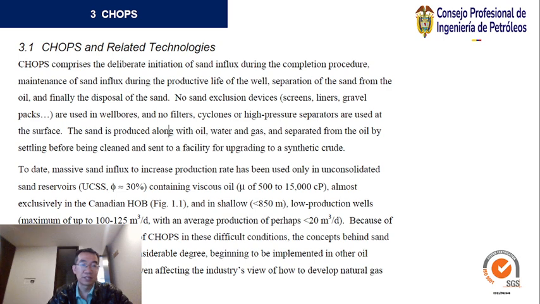Because of the startling economic success of CHOPS in these difficult conditions, the concepts behind sand influx management are to a considerable degree beginning to be implemented in other oil production processes and are even affecting the industry's view of how to develop a natural gas resource.